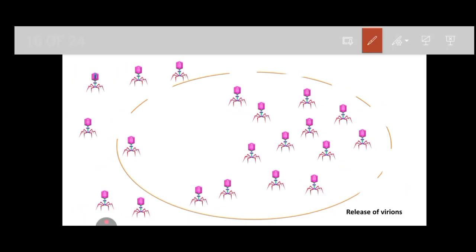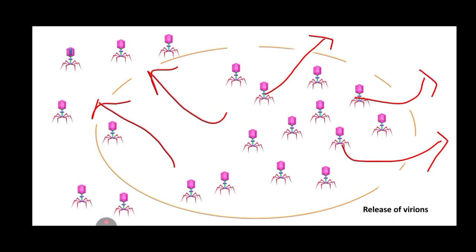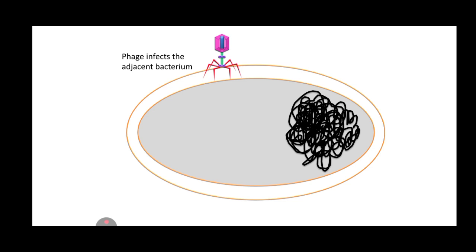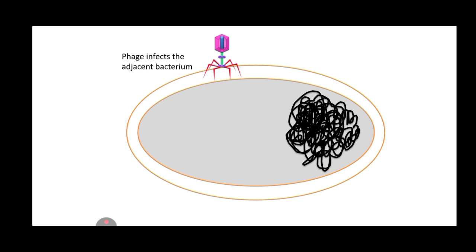You could find here, through these areas and through all these gaps, these mature virus particles will come into the area of neighboring cells. So in this slide we discussed how a virus particle comes out of the bacterial cell. Upon exiting the dead bacteria, it is ready to infect the neighboring bacterium.